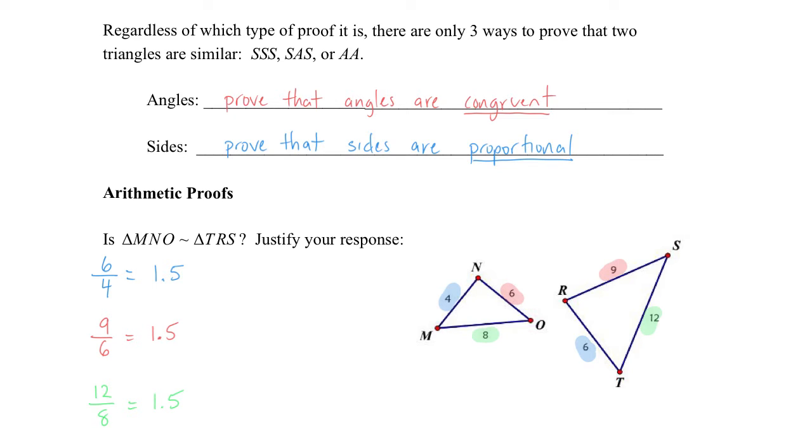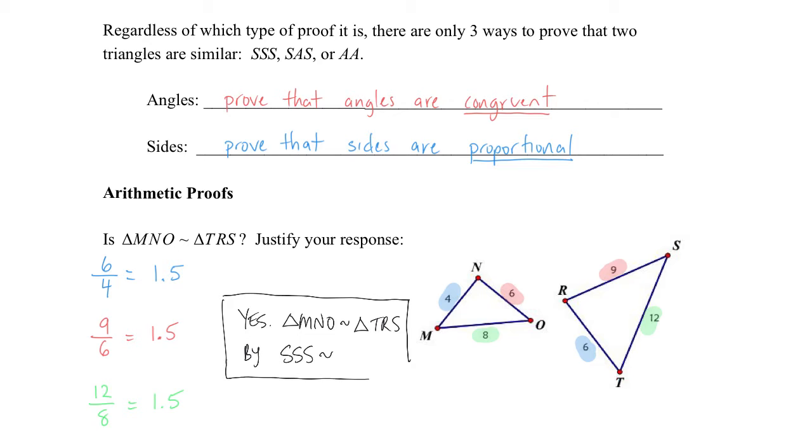And so the fact that these all come out to have the same scale factor means that these two are similar. So we would say yes, triangle MNO is similar to triangle TRS by side, side, side, and then just put the similarity symbol behind that so it doesn't get confused with congruence.